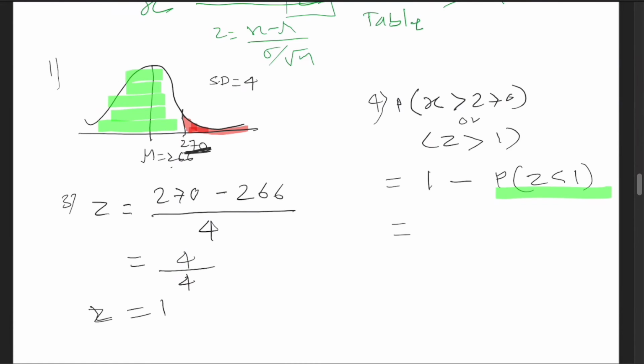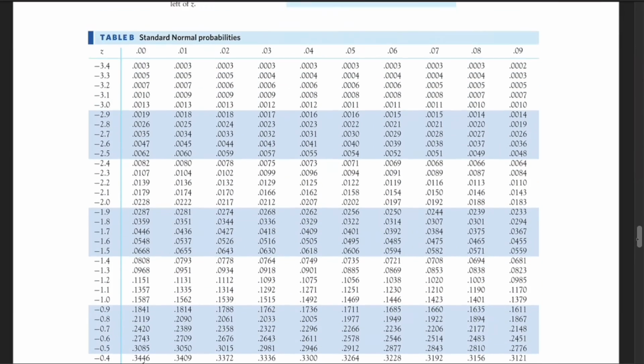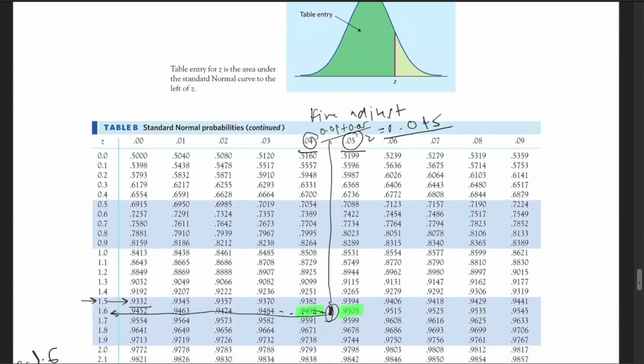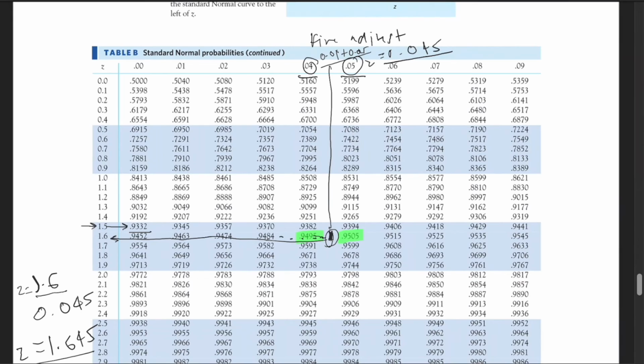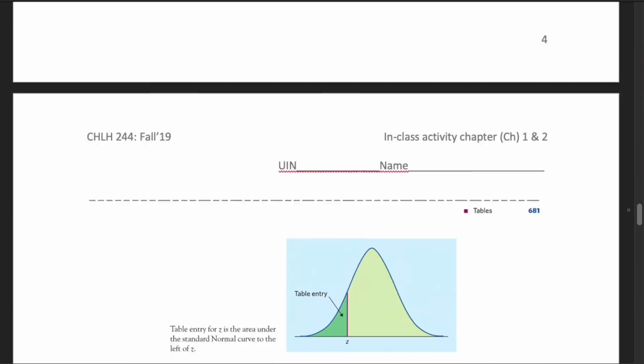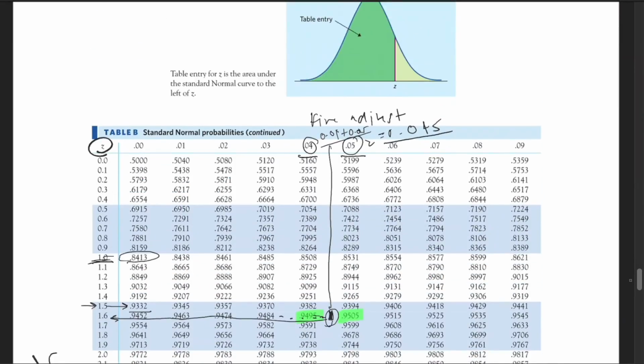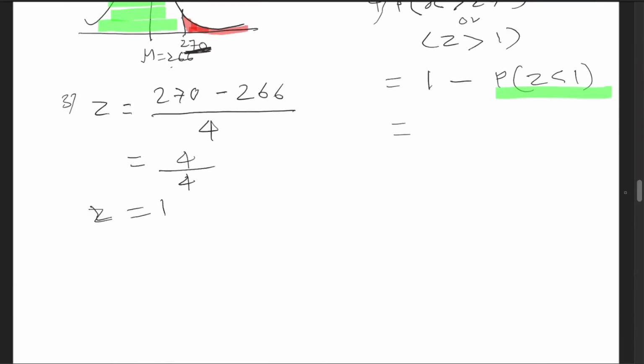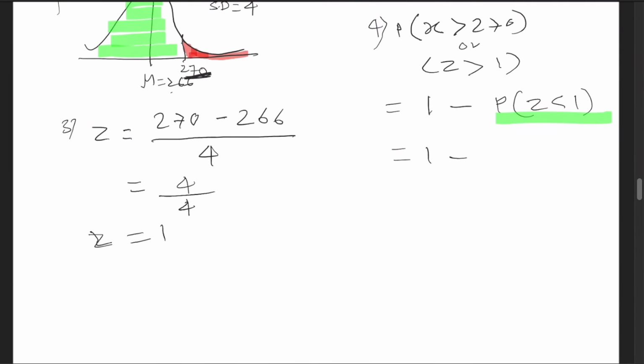So now let's look at z equals 1. What is the area? Positive 1, remember its sign. You can see that for z of 1 the area is 0.8413. So that's 1 minus 0.8413, and then it's just math.